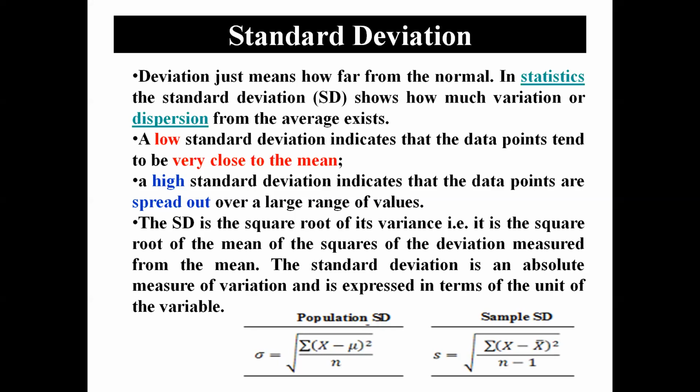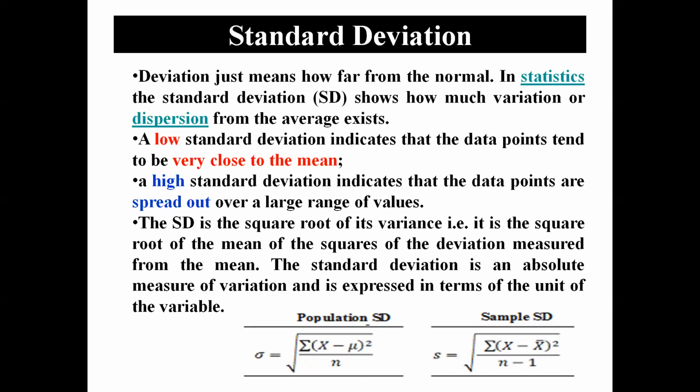I am simply just elaborating this formula. It is the square root of mean of squares of deviation, x minus x bar. This is the deviation measured from the mean. And the standard deviation is an absolute measure of variation, and it is expressed in the terms of unit of the variable.